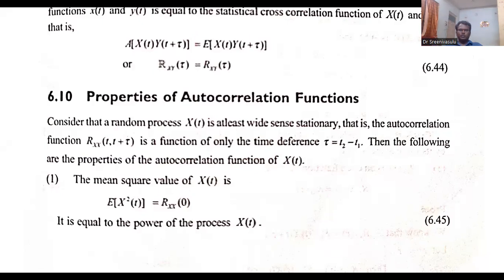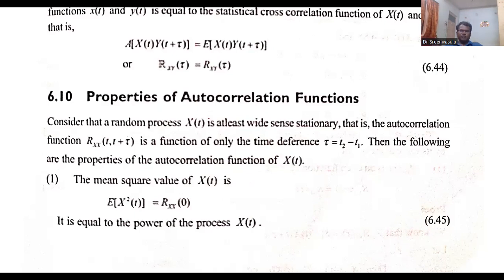Today, we are going to discuss the properties of the autocorrelation function in a random process. Now, if you consider a random process signal that is wide sense stationary, we can calculate its autocorrelation function.